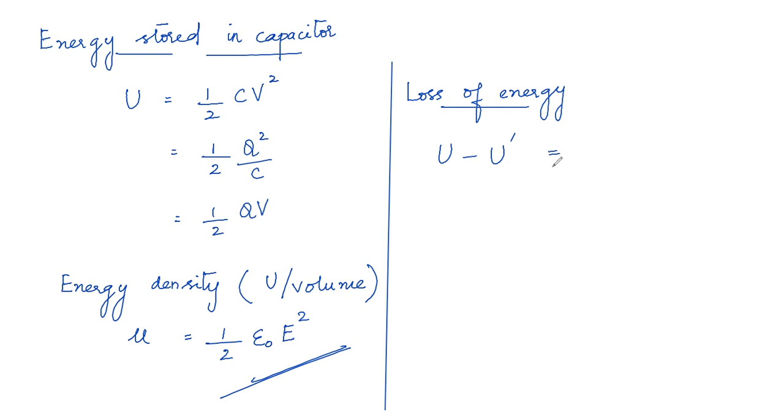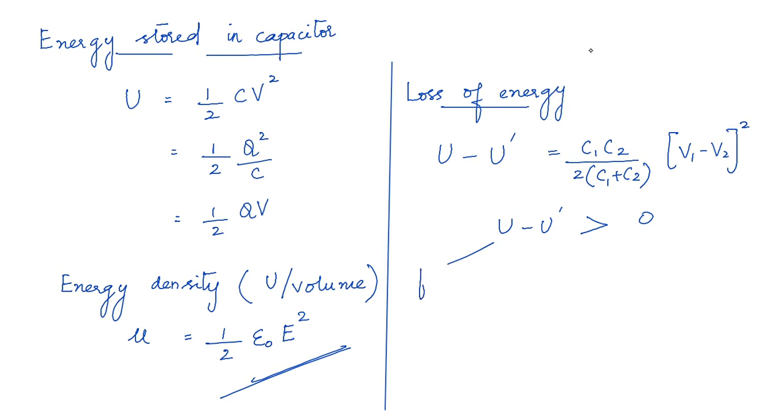U minus U dash is greater than 0, and the formula is C1 C2 divided by 2 times C1 plus C2 into V1 minus V2 the whole square, where C1 C2 V1 V2 are the individual capacitances and potentials before the capacitors are brought in combination. ये जरूर याद रखना. This is the initial energy in the system, and this is the final energy. Some energy is lost as heat and electromagnetic radiation.